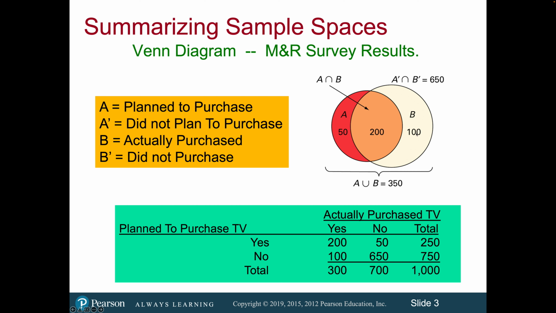So that would be the probability of B, which would be 100 over 1,000. Well, we're not doing probability, we're just doing counts. So the number in B would be 100. The number in the intersect of A and B would be 200. And then A, of course, is 50. So A union B would be equal to 350.